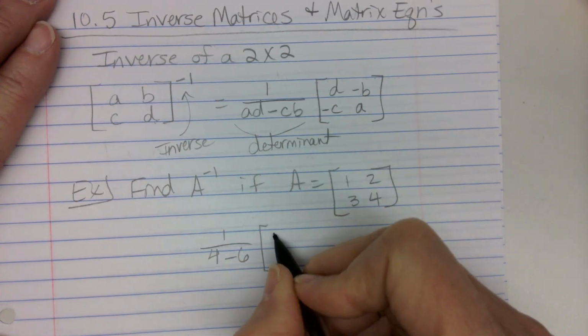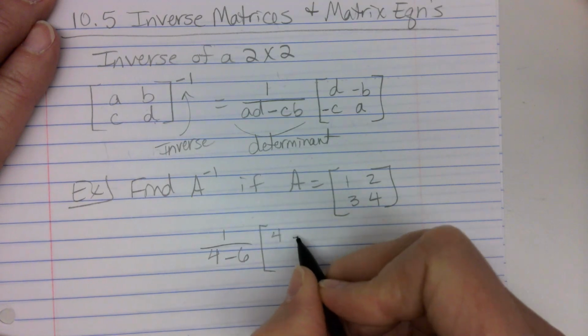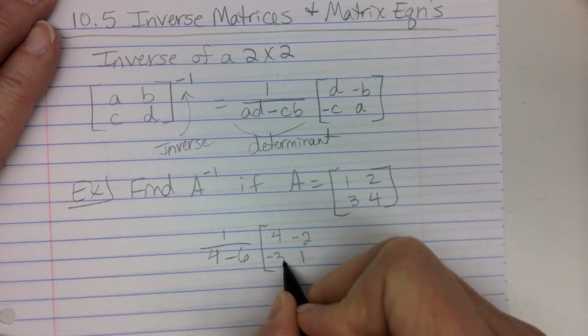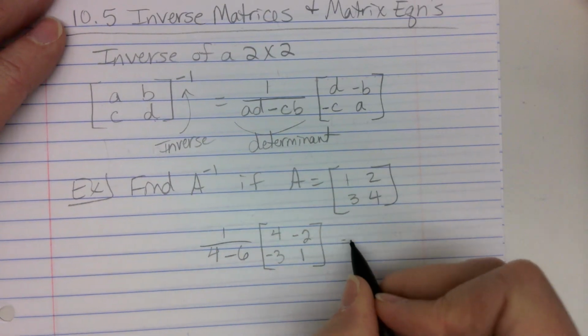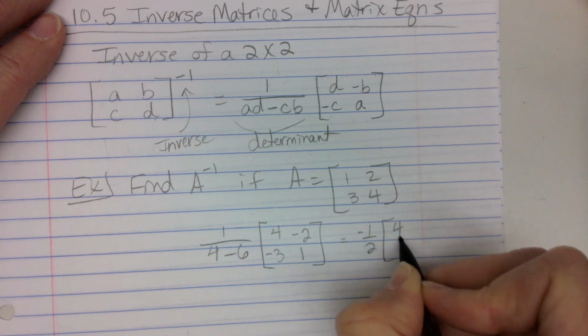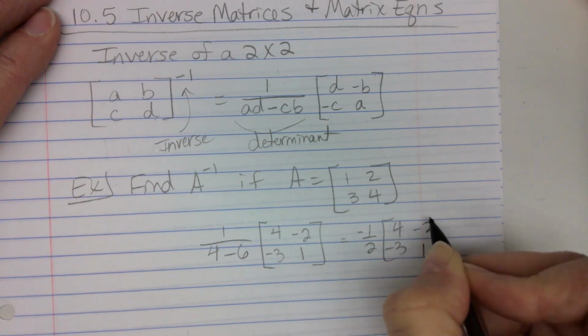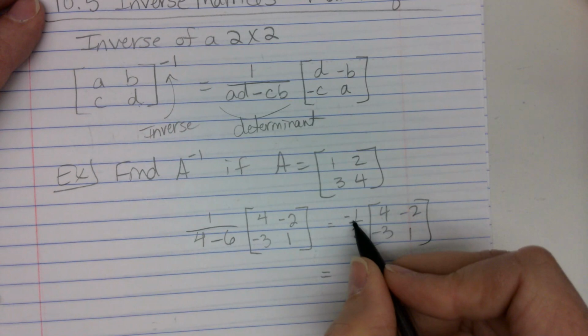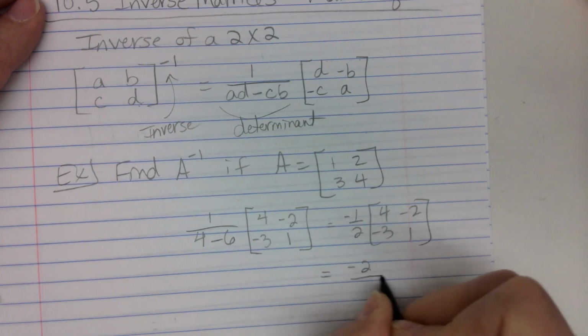Switch the A and the D. Negate the others. So this is really negative 1/2 times the 4, negative 2, negative 3, 1, which will be negative 2.